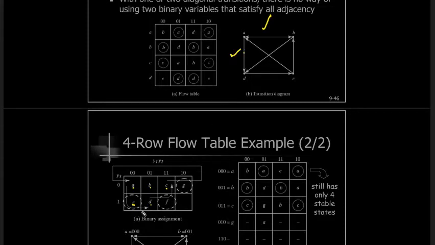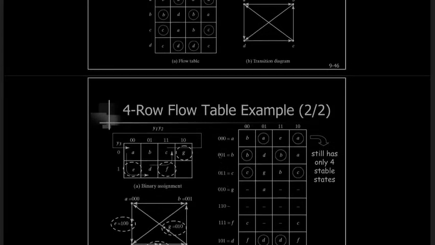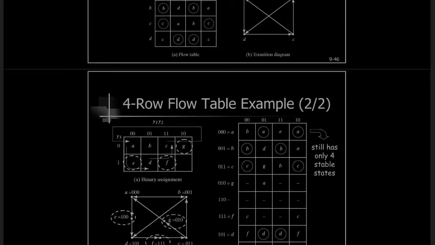So for the transition from C to A, we can see that these two are not adjacent. So I add another extra state G, so that the circuit goes through G. Similarly, I do this for all the other transitions. So we have the updated transition diagram.